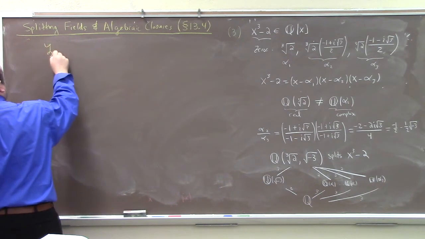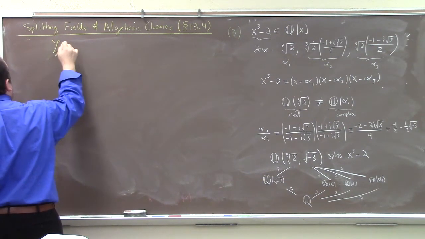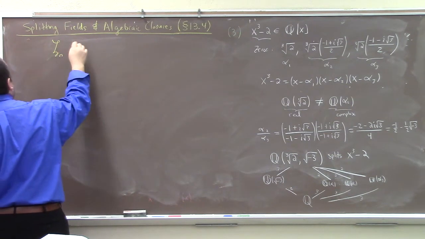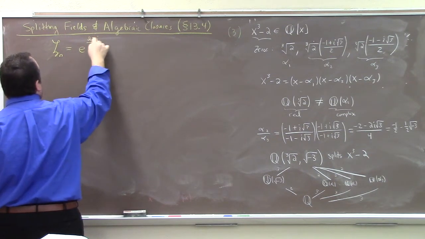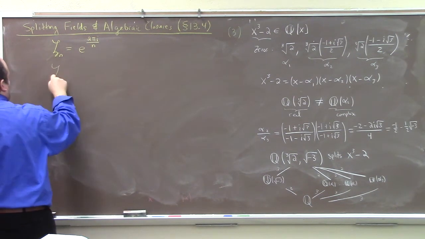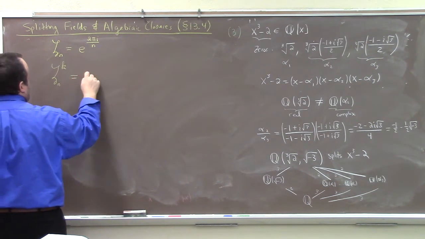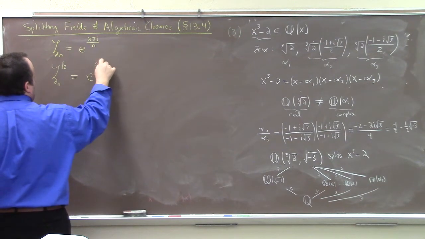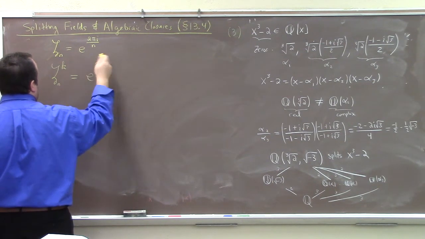Zeta n is equal to e to the 2 pi i over n, right? And so zeta n to the k power is equal to e to the 2 pi i over n, to the k power.